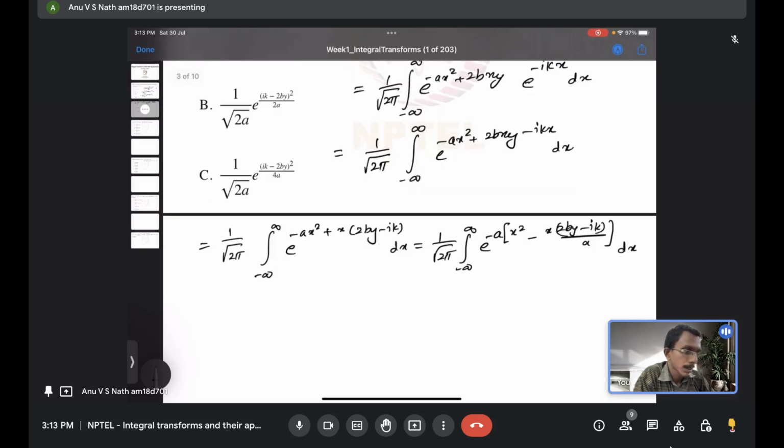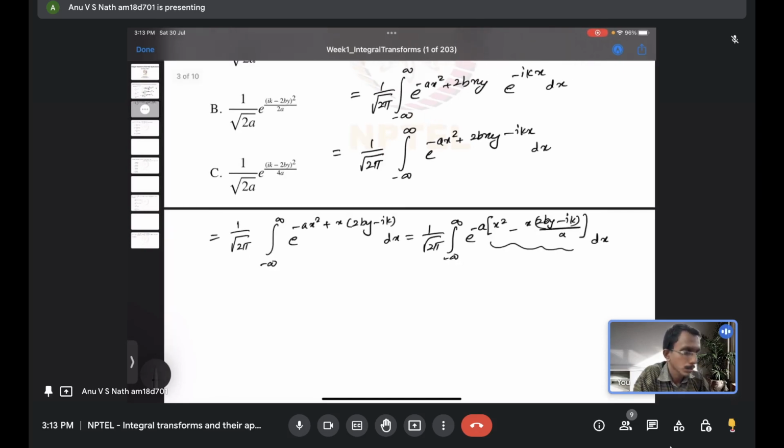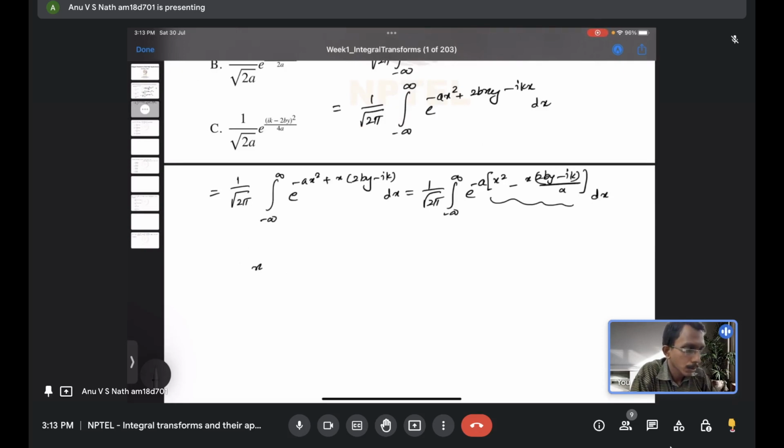I am just taking the a outside, common from the two terms, such that I divide this term with the a. Okay. Now in this term we need to do a completing the square thing. For that, I hope all of you know what to do.